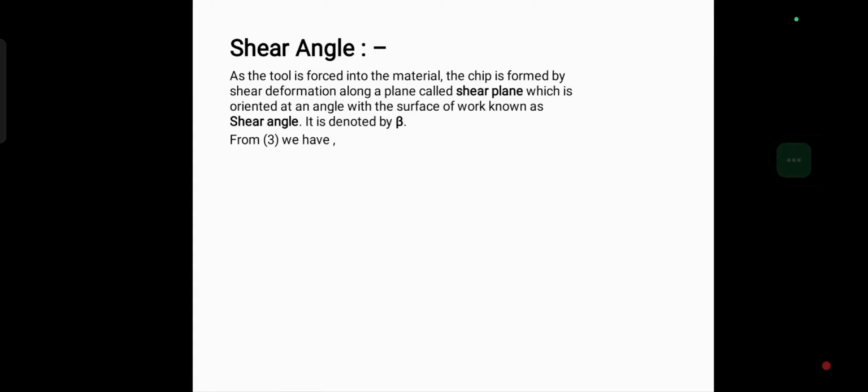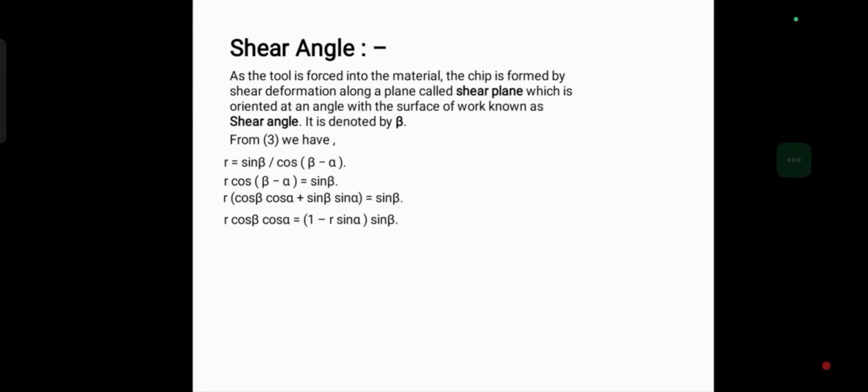From the last slide we have R equal to sin beta by cos(beta minus alpha). So R cos(beta minus alpha) equal to sin beta. Expanding cos(beta minus alpha) with the formula for cos(A minus B), we have R into (cos beta cos alpha plus sin beta sin alpha) equal to sin beta.